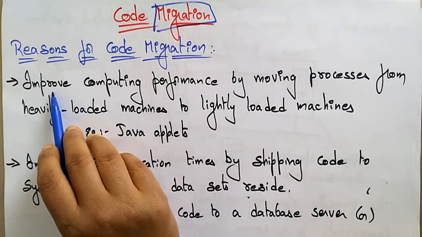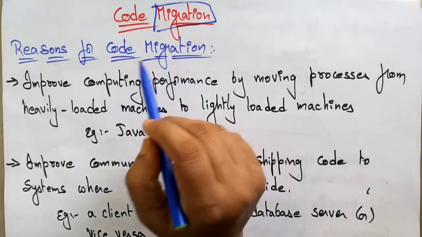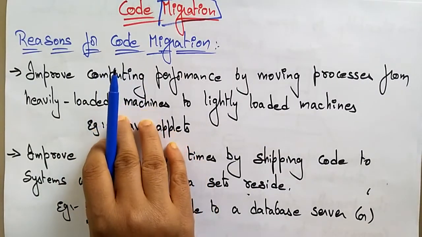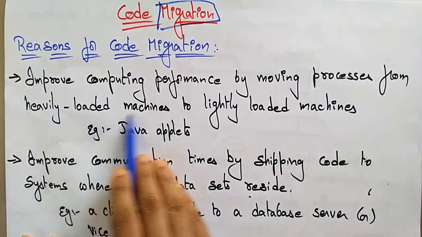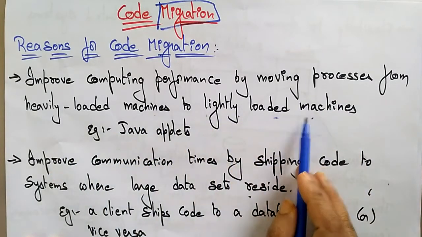Now let's see. The reason for code migration is that if you perform code migration, it improves the computing performance by moving processes from heavily loaded machines to lightly loaded machines.